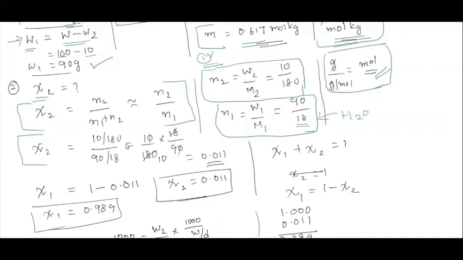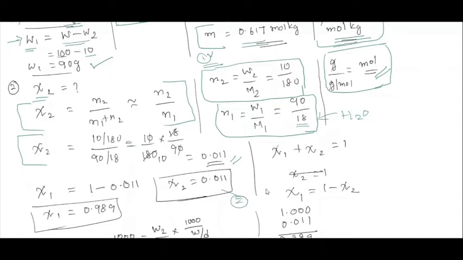That is equal to 10 by 180 into 18 by 90. Now you can strike out. That is equal to 0.011. So this is the mole fraction of the solute.